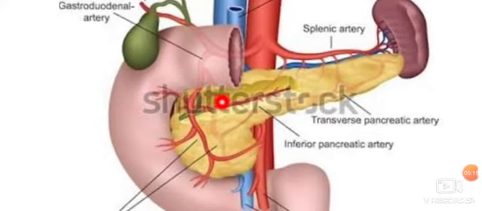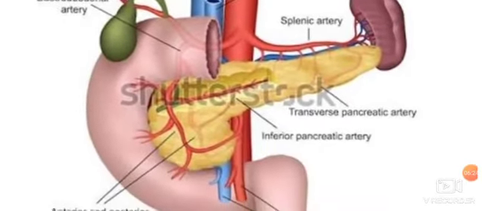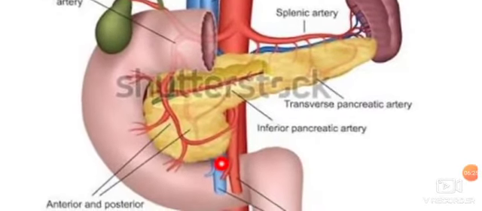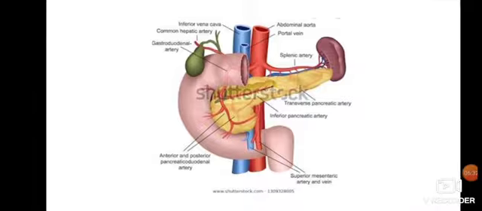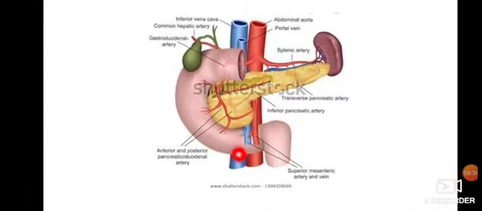This is the inferior vena cava which is passing behind this, and again you can see the part of the inferior vena cava here. See, this is the inferior vena cava, it passes through the posterior surface, then comes here. That is the posterior surface relation of the head of the pancreas.